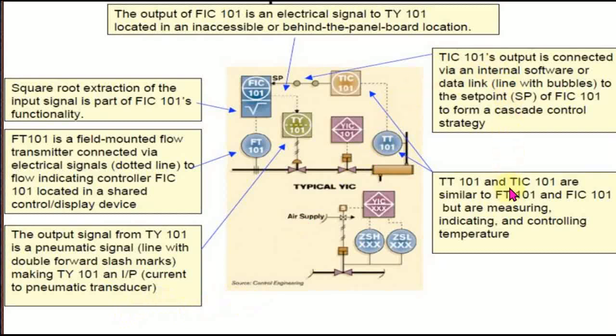Here we have the FIC101 here. So here this is a square root. Here FIC101's output is connected via an internal software or data link, line with bubbles, so the set point is of FIC 101 to form a cascade control strategy.